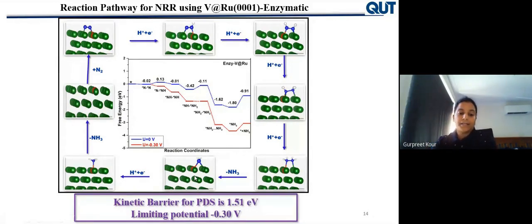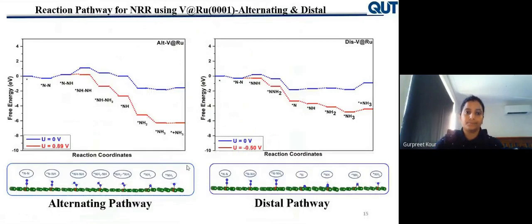The kinetic barrier for the PDS, where NH2 goes to NH2, corresponds to 1.51 electron volt. And the limiting potential for this process was found to be minus 0.30 volt.